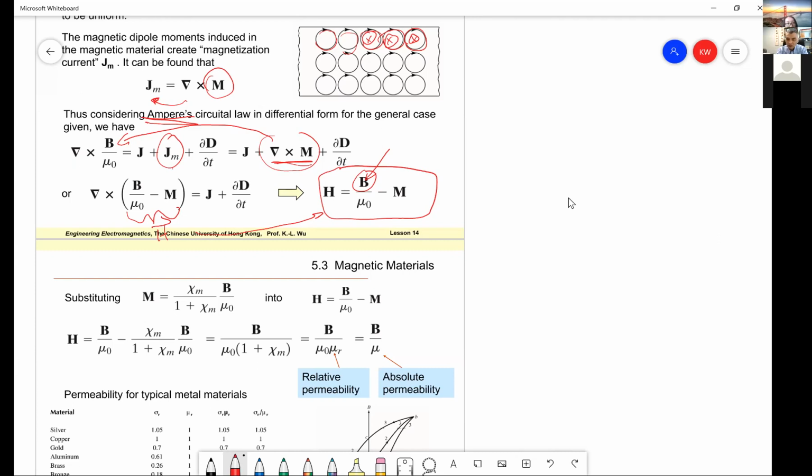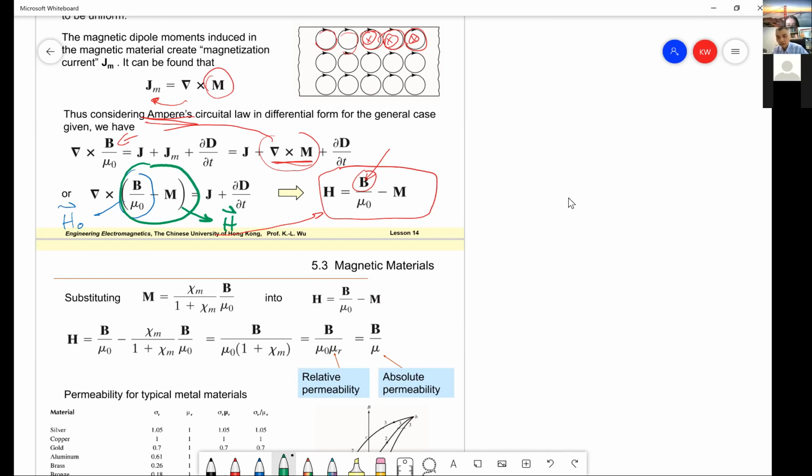The original curl of H equals J in free space, and this term is the original H without the material. Then this term is my new H inside the material.